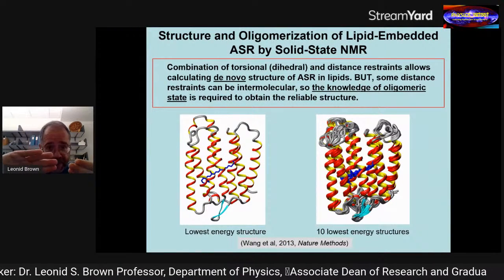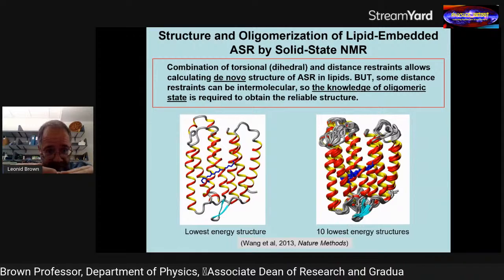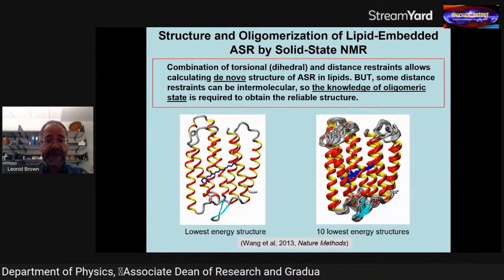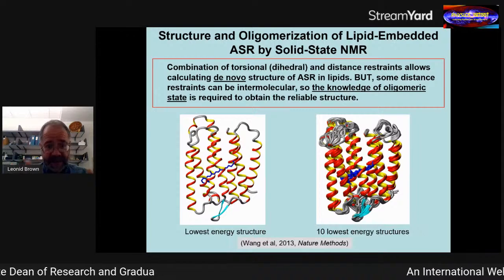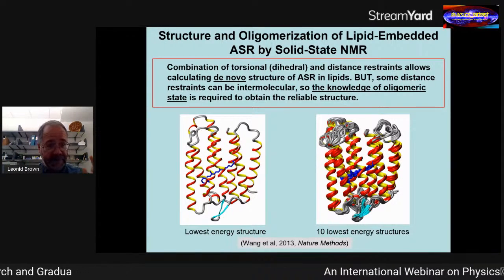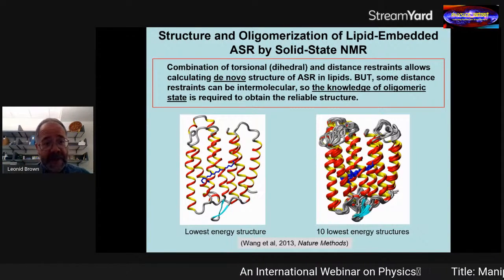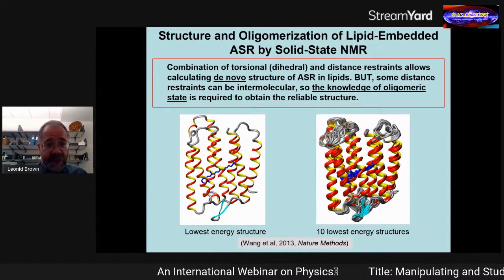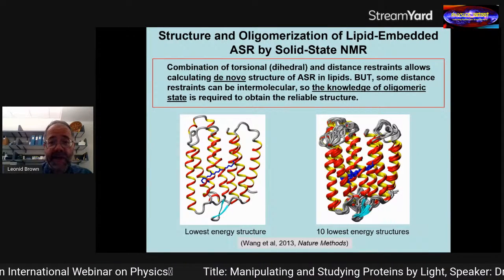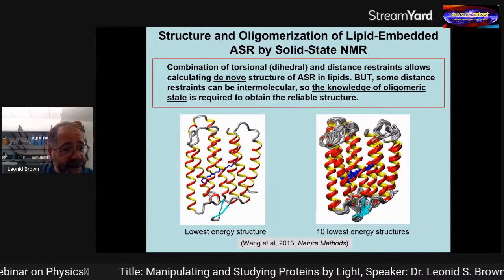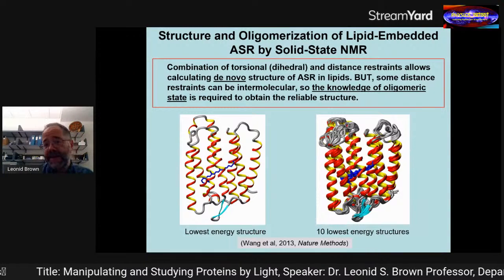Then we measured the distances, and we tried to calculate the structure. So we combined these dihedral angles, so-called torsional constraints, and distance restraints, the distances which are on the order of 5 angstroms or less, and there is a computational procedure to calculate the structure. So we calculated the structure, but we were not very confident this is the right structure.